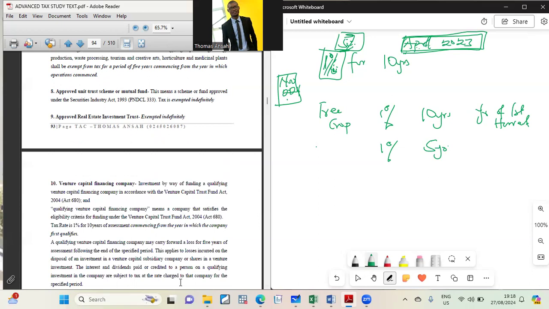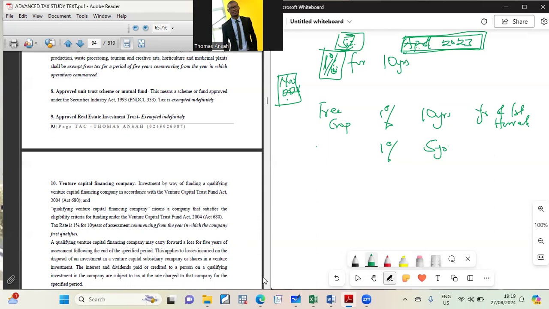Then we have venture capitalists. If you know a venture capitalist, these are people who support small enterprises to bring them up and get a stake in their ownership. Now, if you qualify as a venture capitalist, there is a law that governs them. You also have 1% for 10 years, commencing from when you first qualify as a venture capitalist.